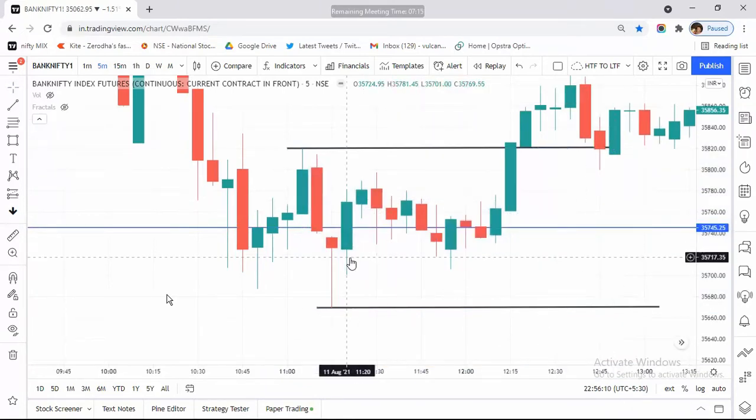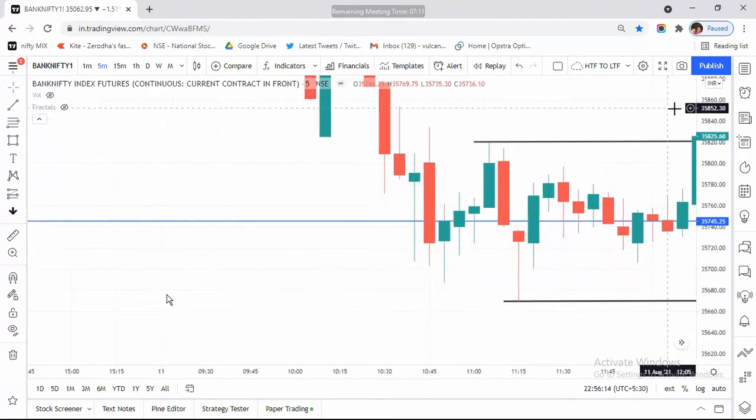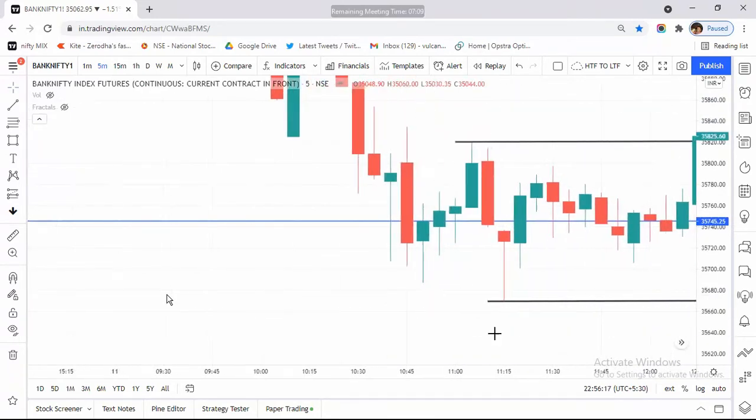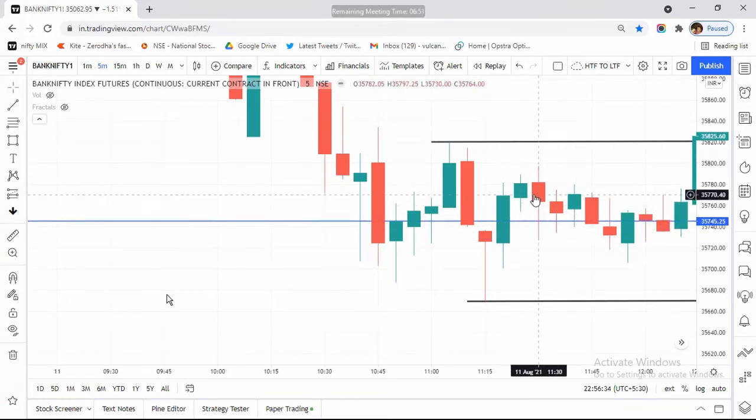Suppose like here, if I have this range and I have my 50 line here, and I see that price is roaming around the 50. It means market makers always deal in the middle of the range.